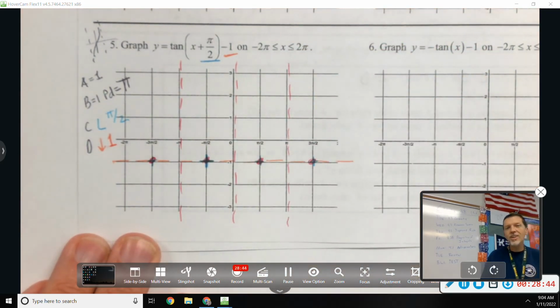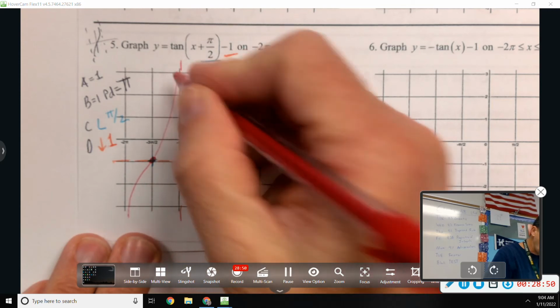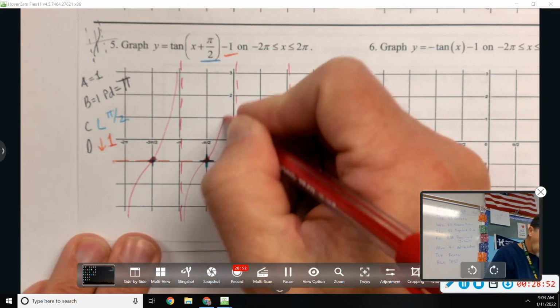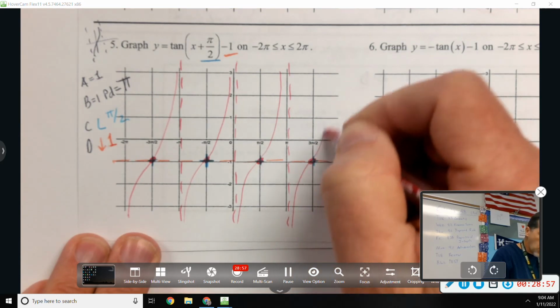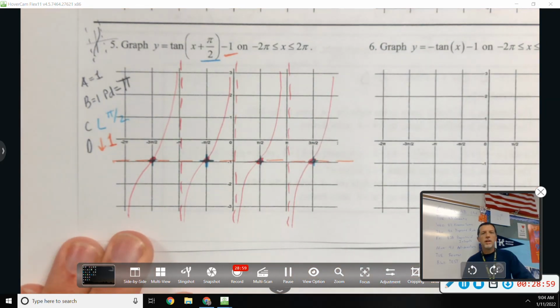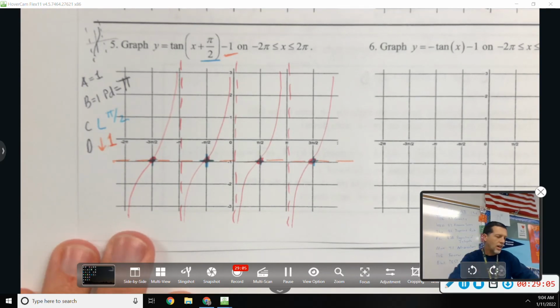And then that's all the points we have. We know what the shape looks like though, so we sketch in the A, B, C, D, D, C, B, A every time.